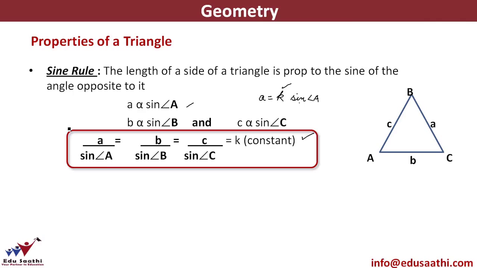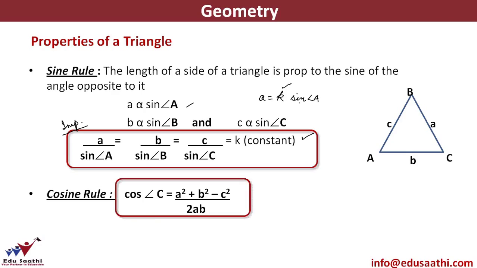So the formula that I have, which is a very important formula, is A over sine A equals B over sine of angle B equals C over sine of angle C. And all of these values are equal to a constant. Now this formula is used extensively when you are solving your questions on triangles. Whenever you have to find a relationship between the sides and the angles, when some of the angles are given, you have to find some of the sides, or vice versa. So you can always put the values in this and you can get your result.